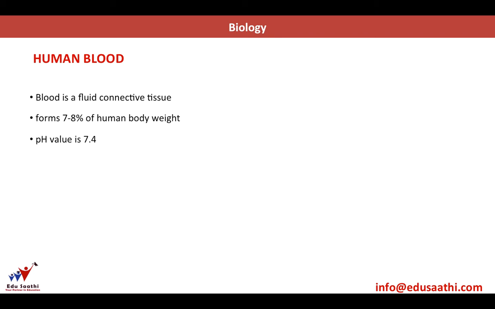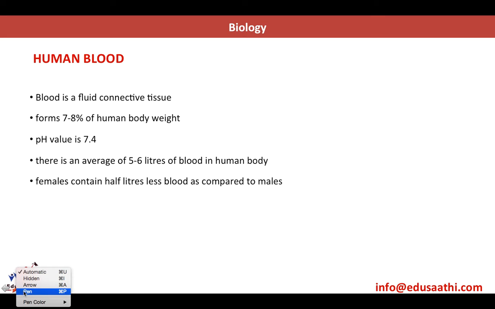The pH value of blood is 7.4, so it's a dilute base whose pH value is 7.4. There's an average of 5 to 6 liters of blood in the human body, which forms 7 to 8% of the total weight. Females contain half a liter less blood as compared to males.